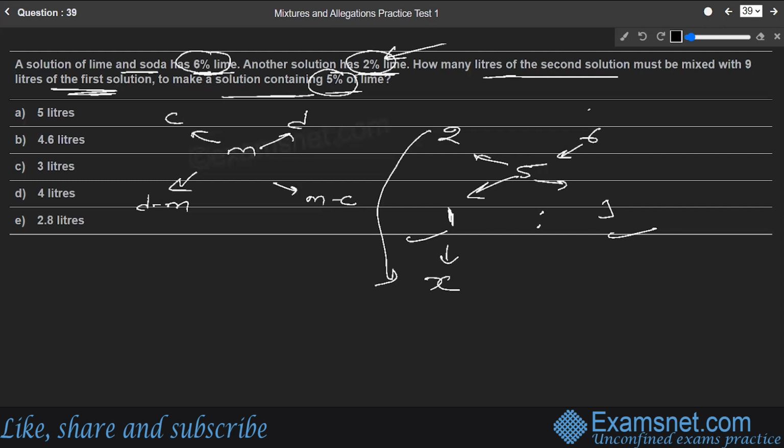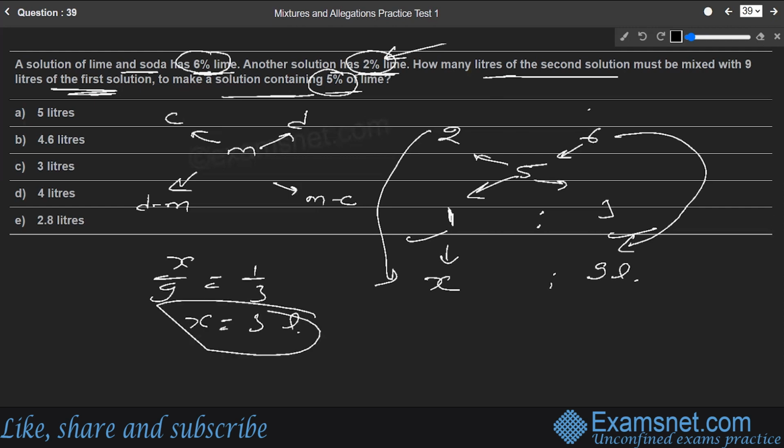The first solution was of 6% type, so the 6% type's volume is already given as 9 liters. Whatever ratio X is to 9 liters, the ratio is 1 is to 3. So we can write X by 9 is 1 by 3, which gives us X value as nothing but 3 liters. So the amount of the second solution to be mixed with the 9 liters of the first solution is 3 liters, which is available in option number C and becomes the right answer for us.